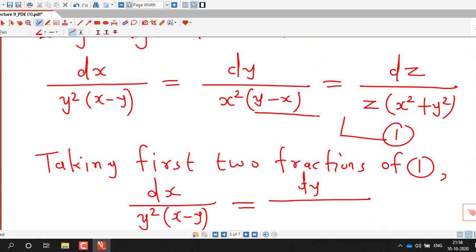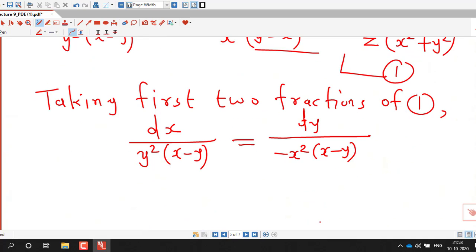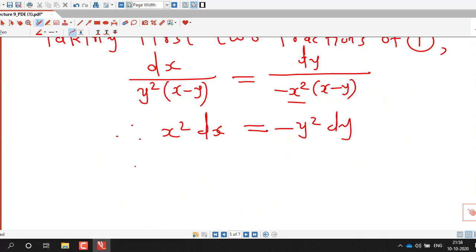Here I write y minus x as negative of x minus y. So x minus y will cancel out, and we take this x square with dx, and this is equal to minus y square dy. Therefore x square dx plus y square dy equal to 0.